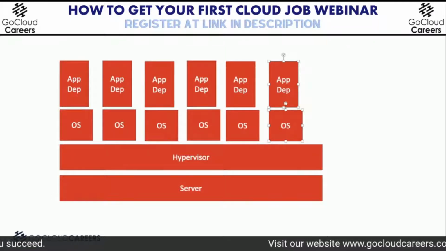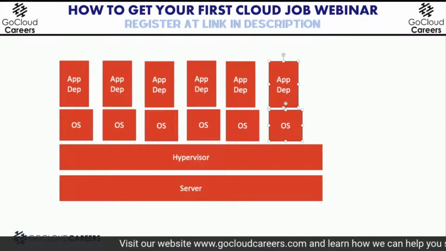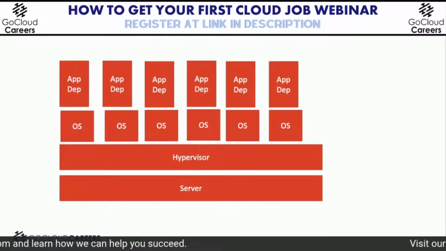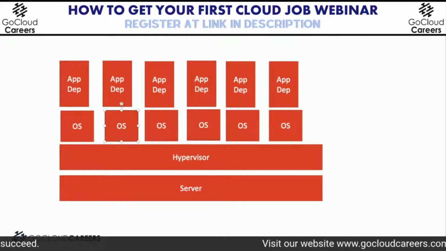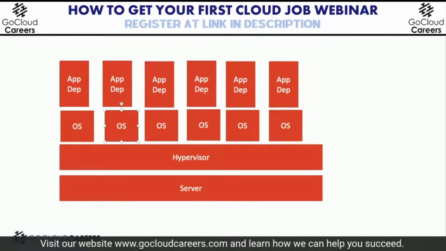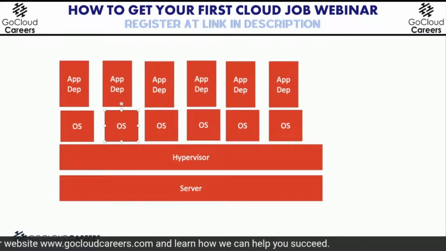A lot of it. Because each one of these operating systems takes so much memory, they really eat up a lot of the capacity that's available on the actual server. So it takes up a lot of resources.